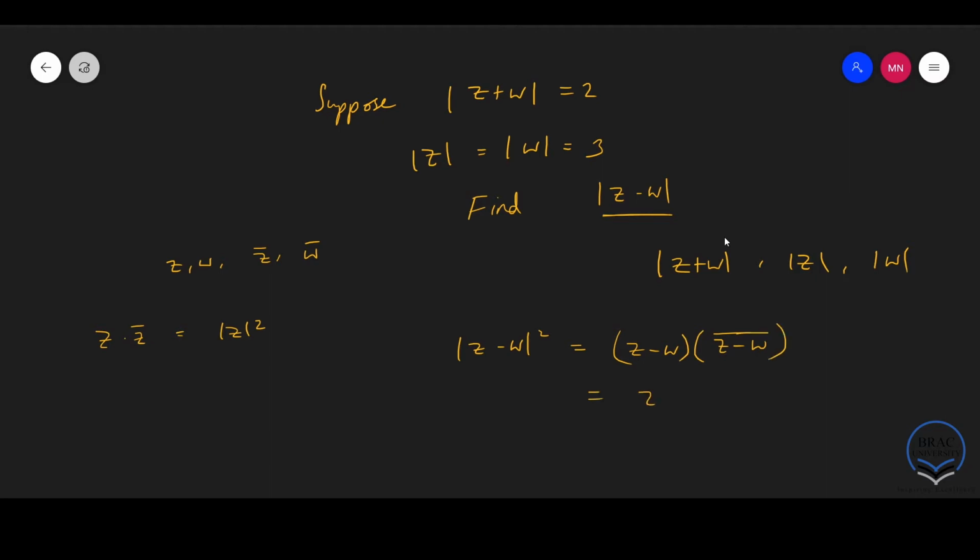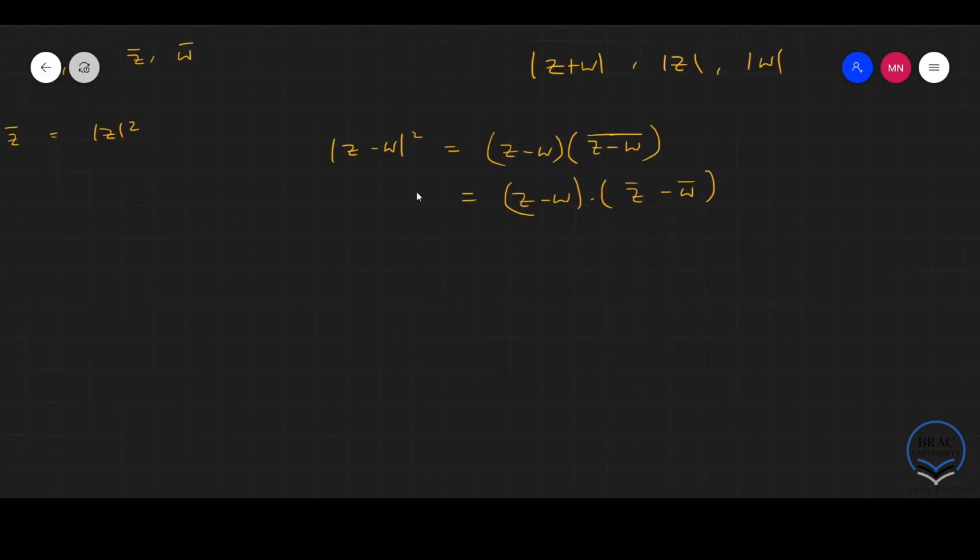And that will be equal to z minus w times z bar minus w bar. And if I expand this, I get z times z bar minus z times w bar minus w times z bar plus w times w bar, right? And this becomes the magnitude of z squared plus the magnitude of w squared.